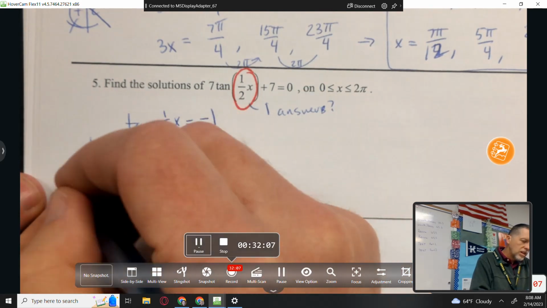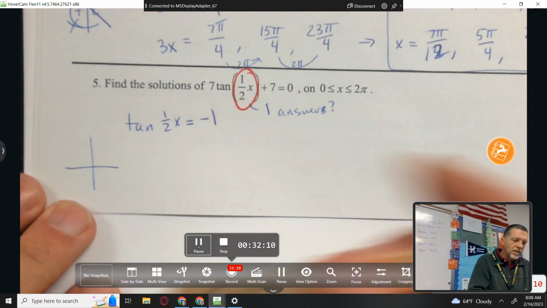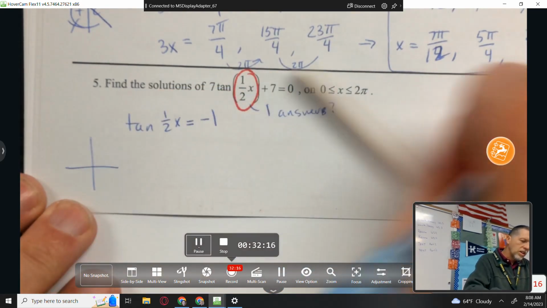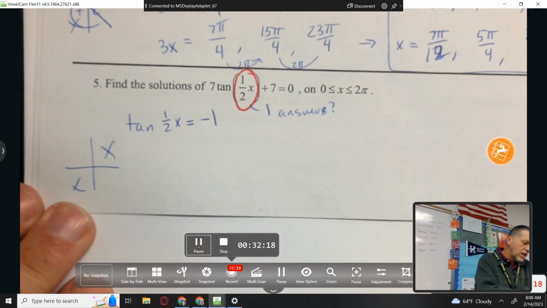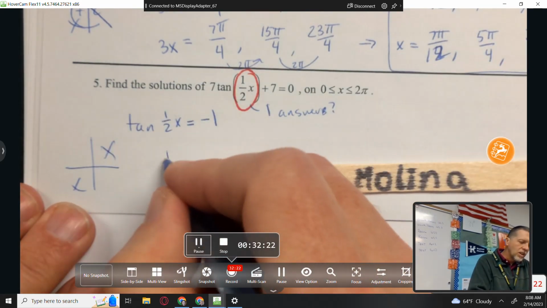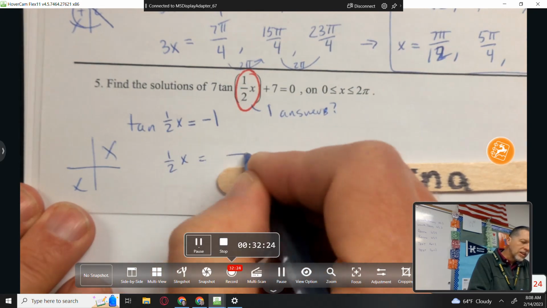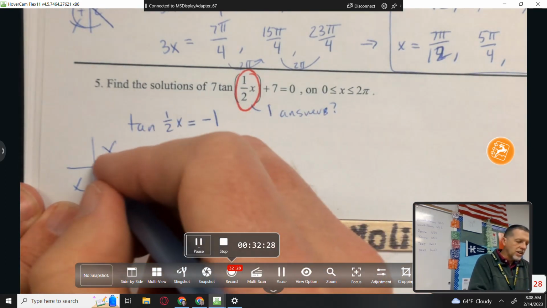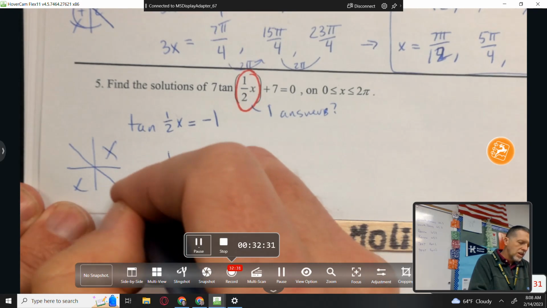So tangent is negative. Cole, where is tangent negative? 2 and 4. Good. Angel, what's the reference angle? What's the denominator for where tangent is equal to -1? Or 1.